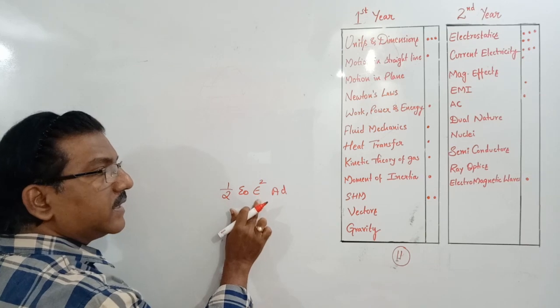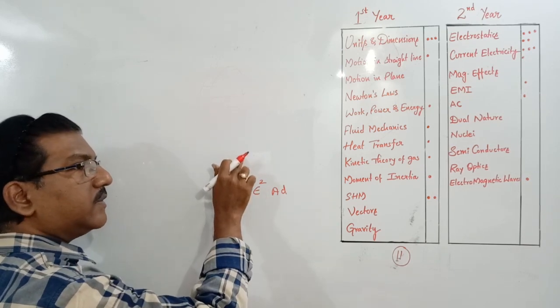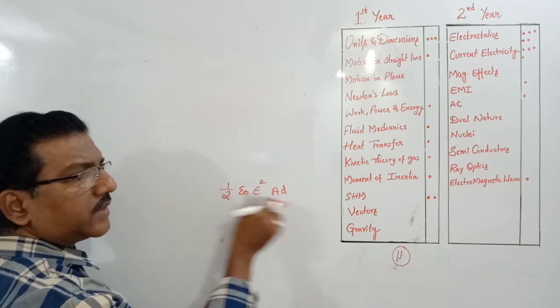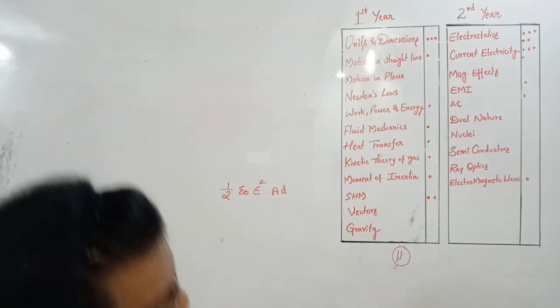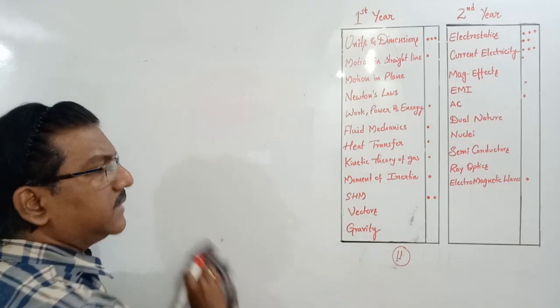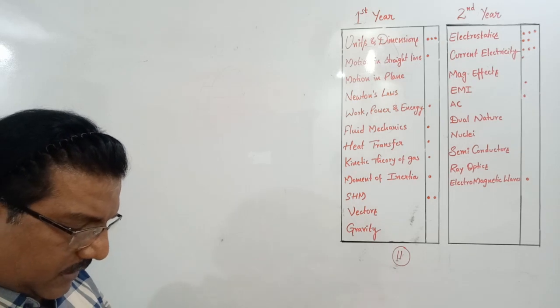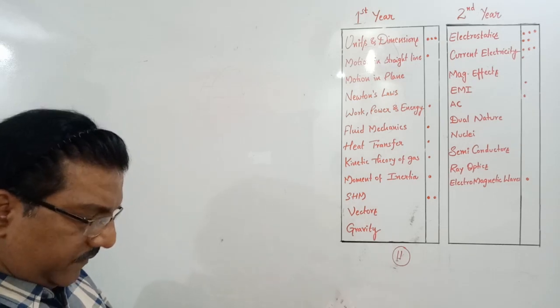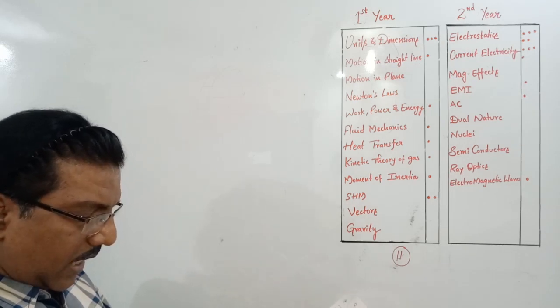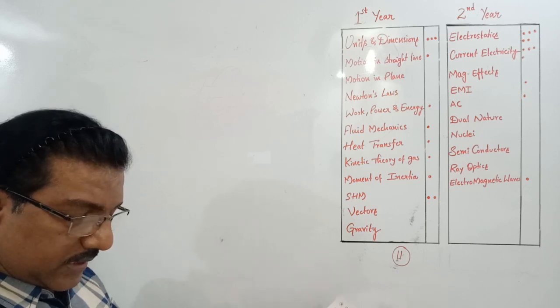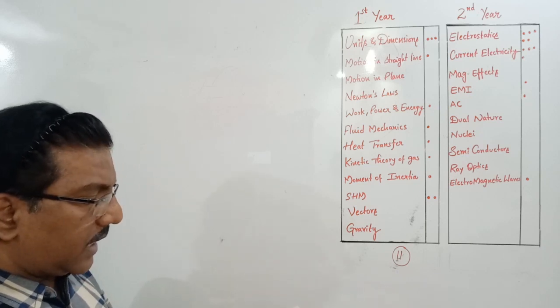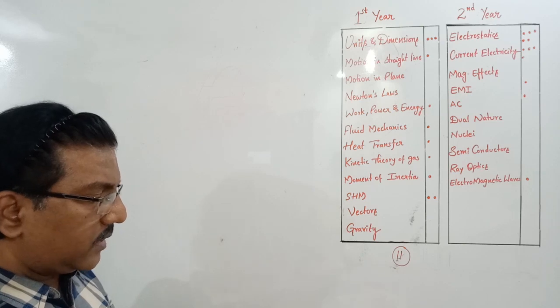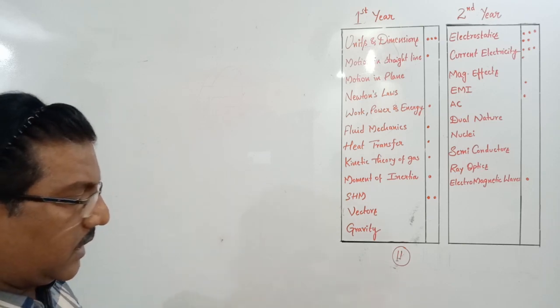Energy density means per unit volume. It is not asking for units. Direct question, electromagnetic waves. It is given over there. Direct formula. And there is displacement current. I'll come back to displacement current soon. How easy it is.